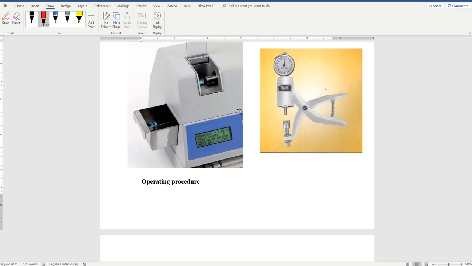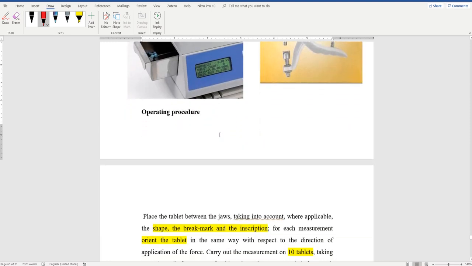That's why what you need to do is record the 10 readings, calculate the mean, the average, and calculate the maximum reading and the lowest reading you get.